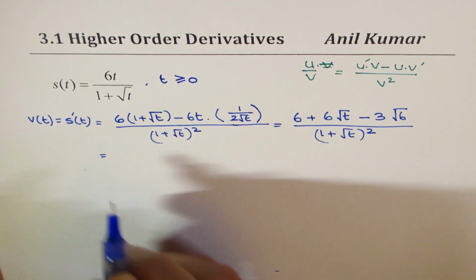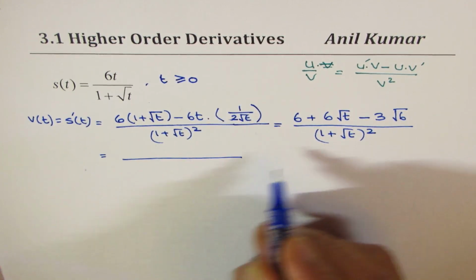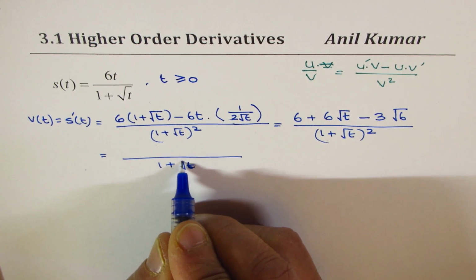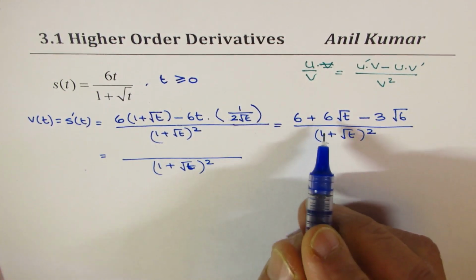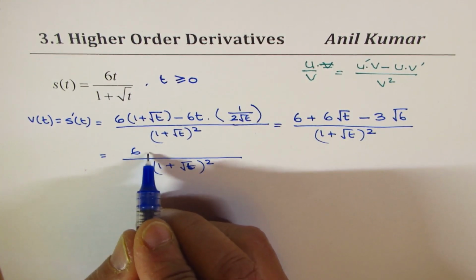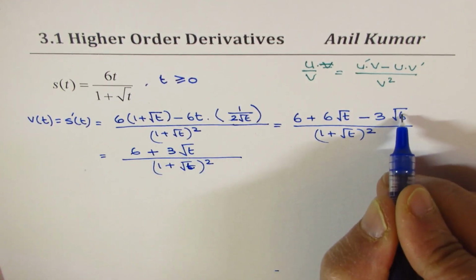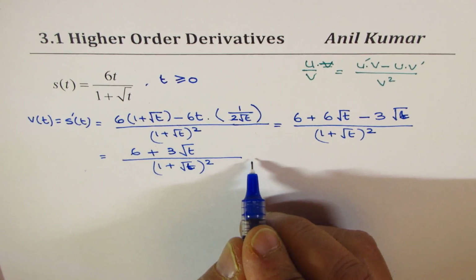Okay, so that could be written as, within the denominator, I have 1 plus square root t whole square. Numerator, we have 6 plus 3 square root t, that is t. Correct.